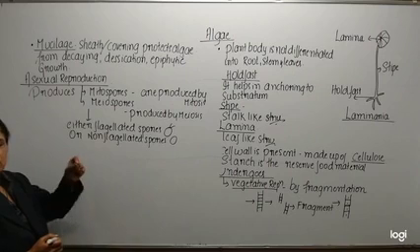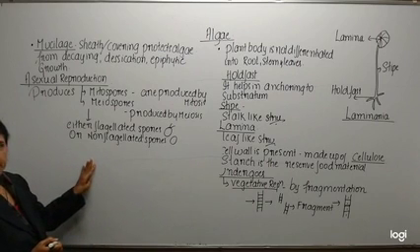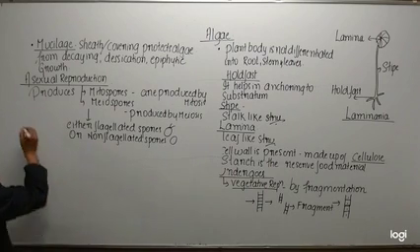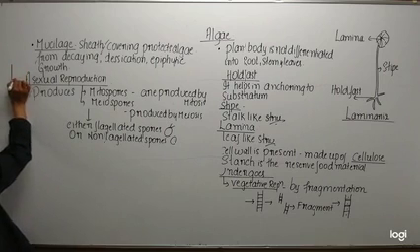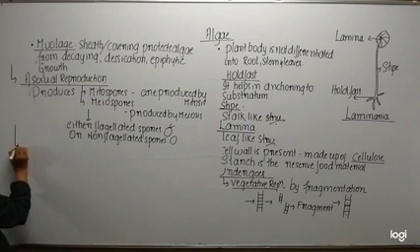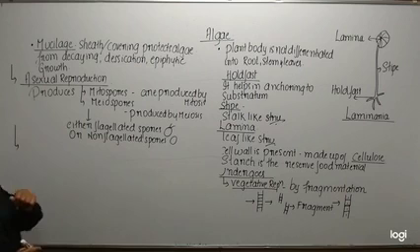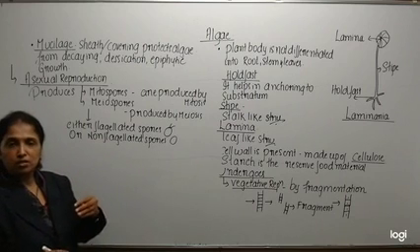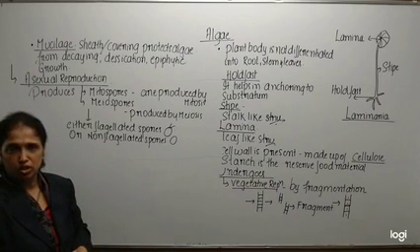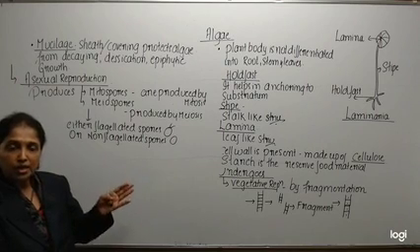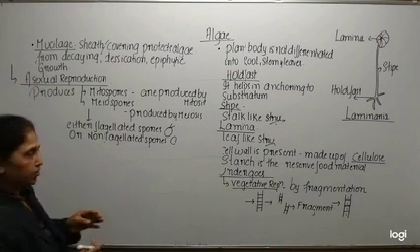Coming to the third type of reproduction, compared to kingdom Monera, it is an advanced structure, what we are studying now. So algae are able to undergo sexual reproduction.